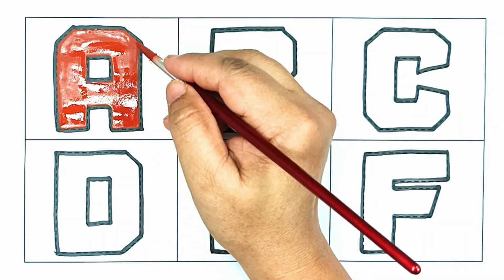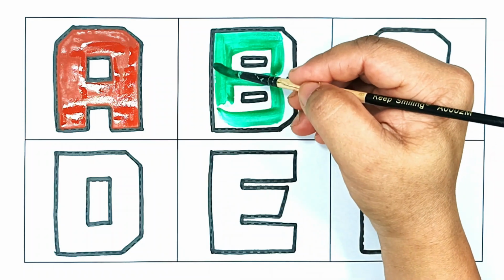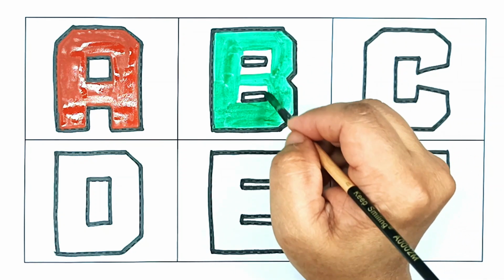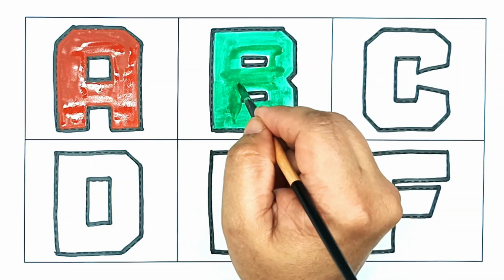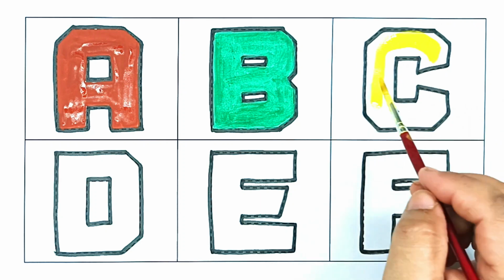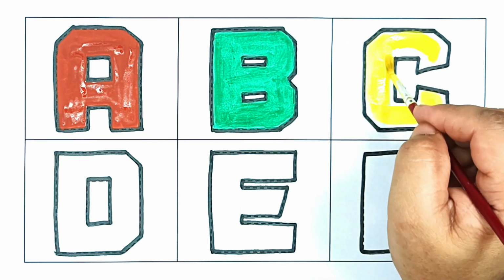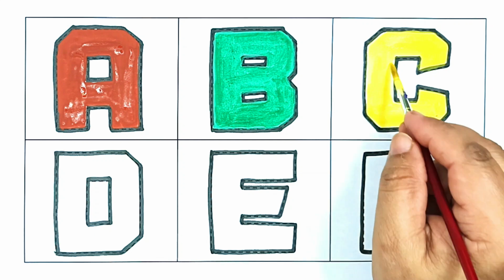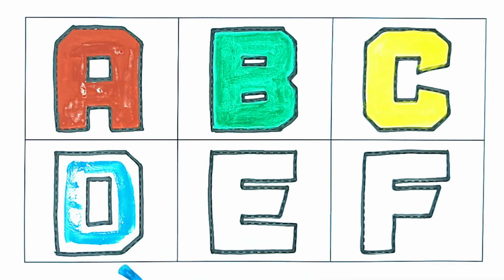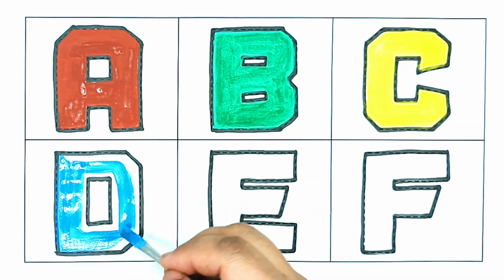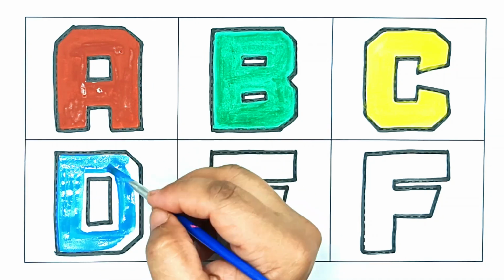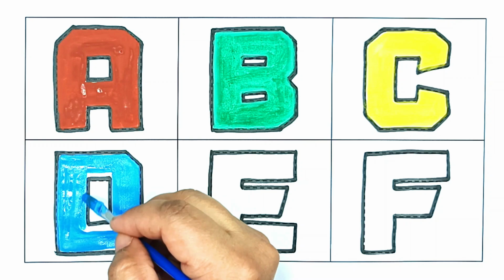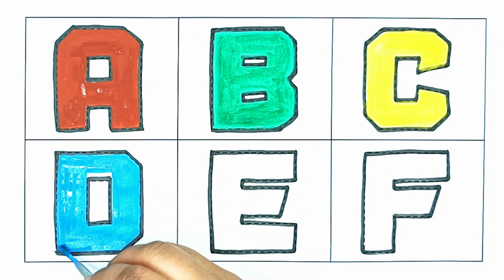A for apple. A for apple. B for ball. B for ball. C for cat. C for cat. D for doll.